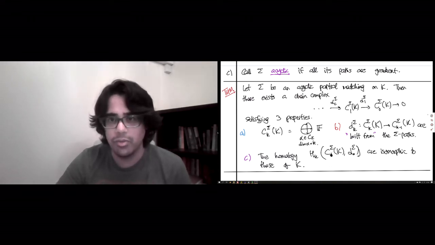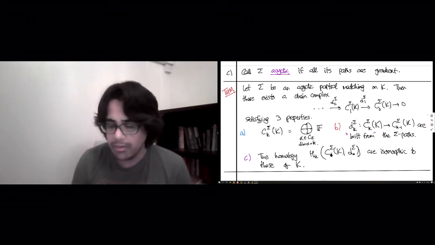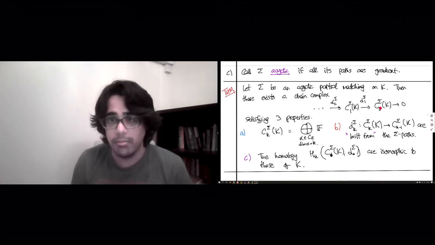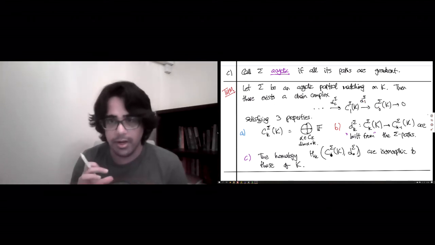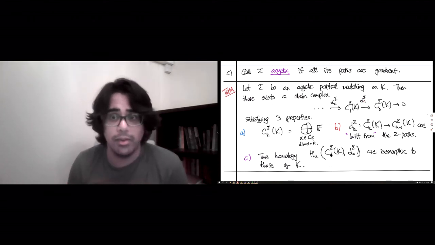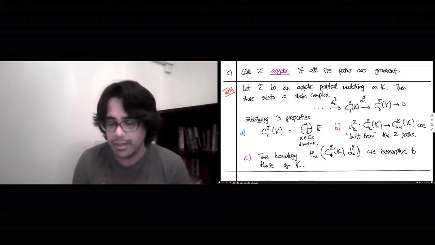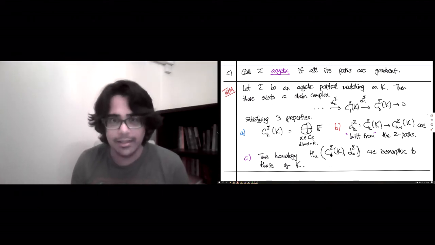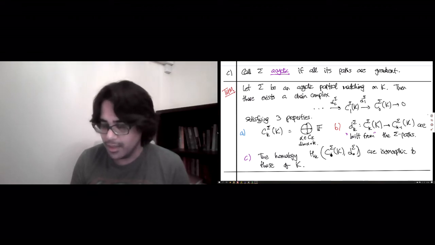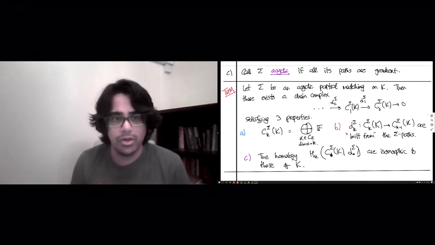You no longer have to worry about them. You only worry about the simplices that you weren't able to pair up, and those form the chain groups, which means that this reduced matrix is going to be much, much smaller than it would have been in the ordinary simplicial chain complex. And miraculously, even though this chain complex is much tinier, it has exactly the same homology as you would have got. So that's the amazing reason that we're talking about this at all.